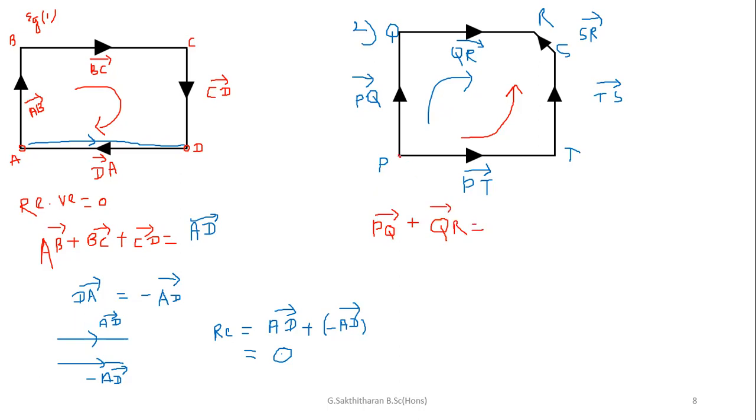Here the starting point is P and ending point is R. So direction of these two vectors addition, they give the direction from P to R. So now we can get the resultant vector PR.